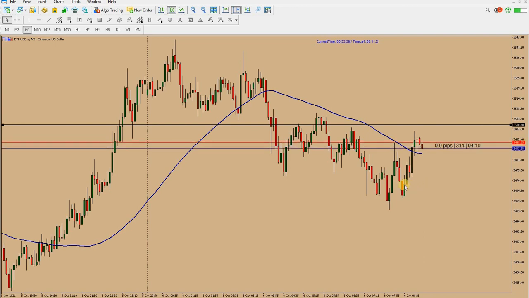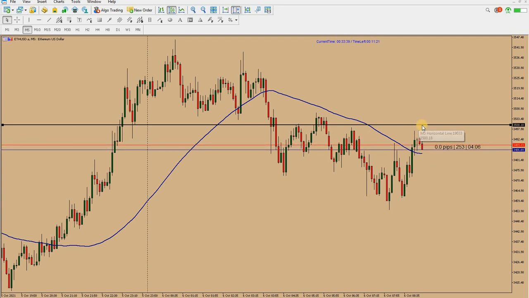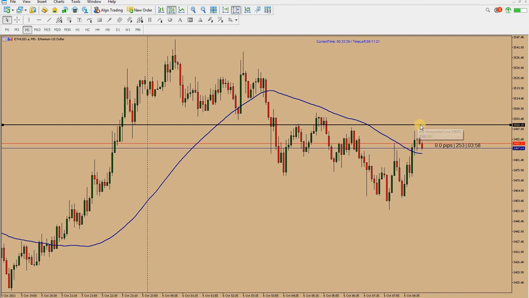Therefore, we will wait when the market comes to here. If our indicator tells us to sell, then we sell in this area. If our indicator did not tell us to sell and we have to wait, market probably would go and break this resistance, and when it goes to that area, whenever the indicator tells us to sell, that's the time we sell the market.